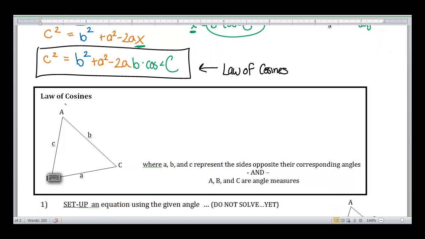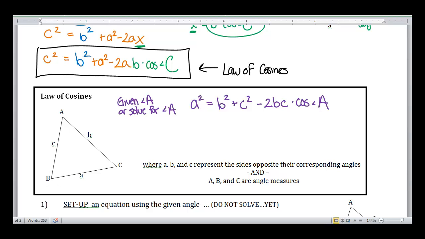So let's say you were given angle A, or maybe you wanted to solve for angle A. The version of law of cosines you would want to use is side A squared equals the other two sides, B squared and C squared, added together, minus 2 times the other two sides, times the cosine of angle A. Again, something to point out is that when I was equal to side A, it's the cosine of angle A, its opposite angle, that I'm using.